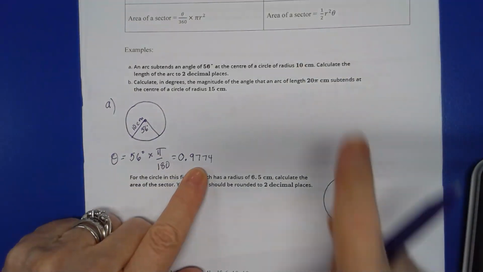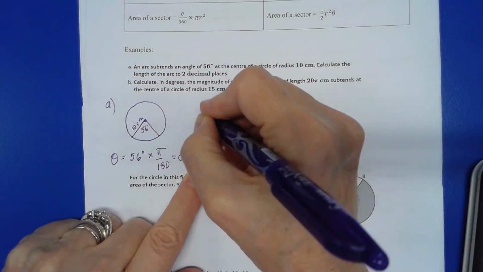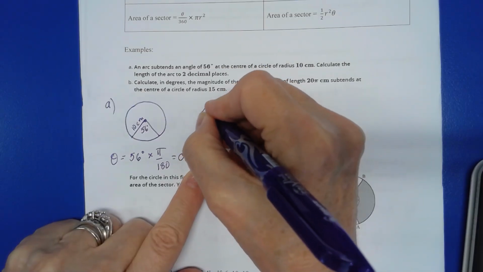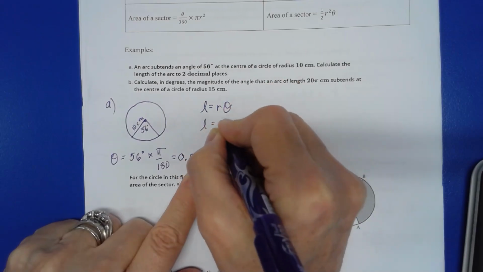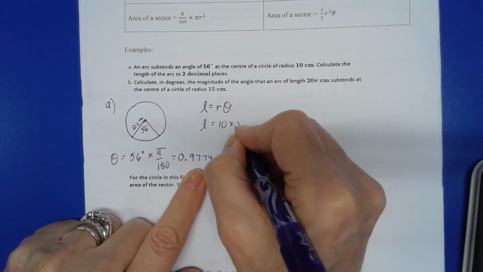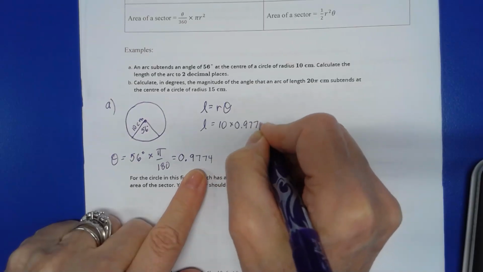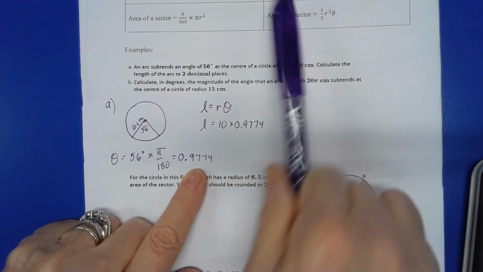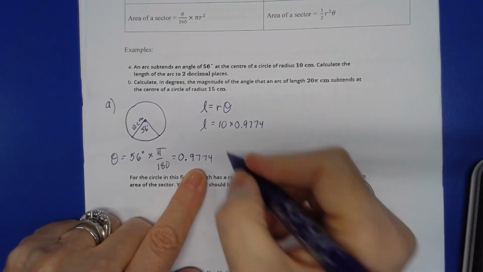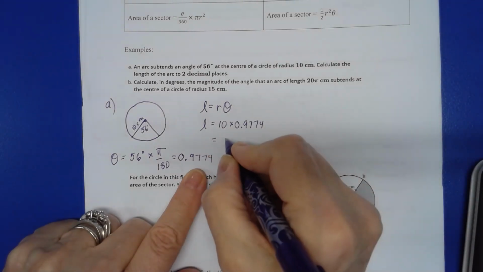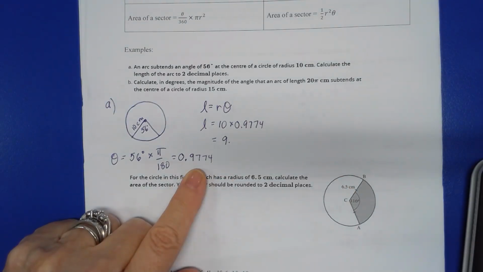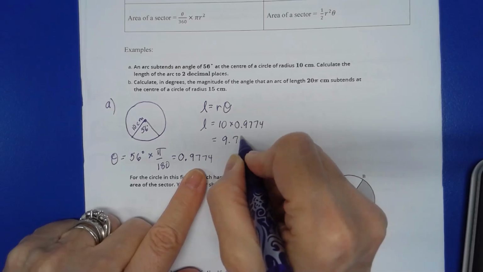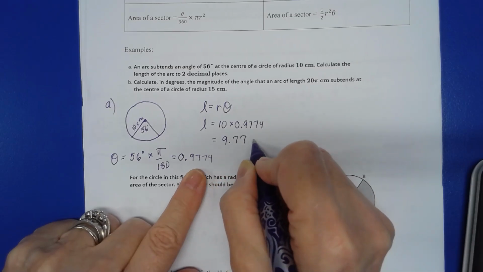And it says calculate the length of the arc. So I write it like this. I write length equals r theta. So length equals 10 times 0.9774. Where did I get that formula? I got it up there. Radius times theta. So it's equal to 9.77 centimeters to 2 decimal places.